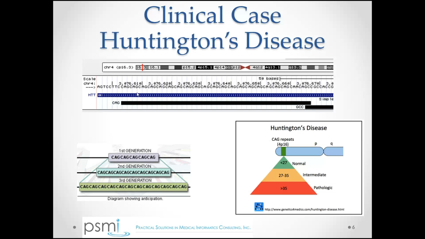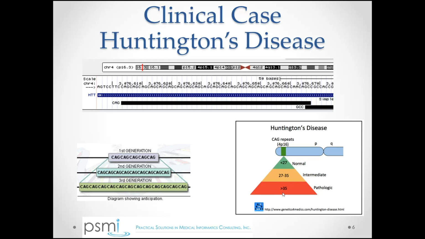This is in an exon of this particular gene. People vary in the number of these CAG repeats that they have. Normal is less than 27, intermediate is 27 to 35.